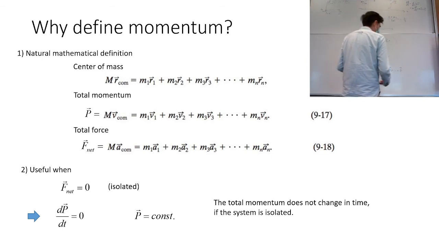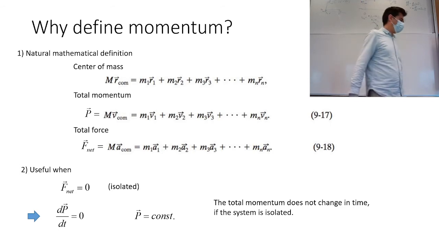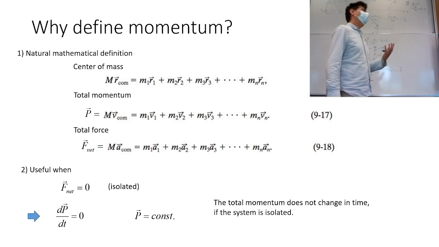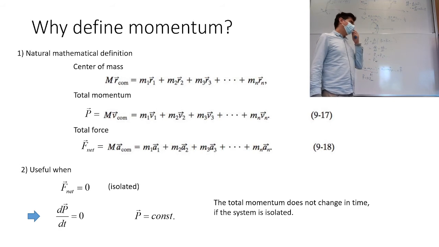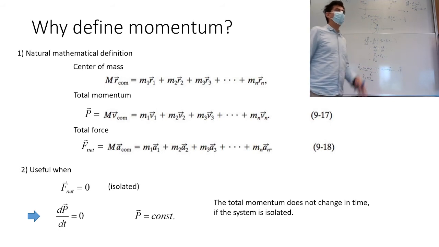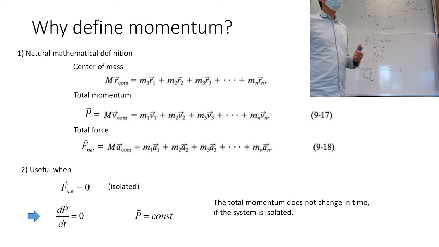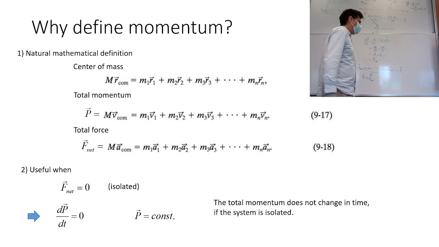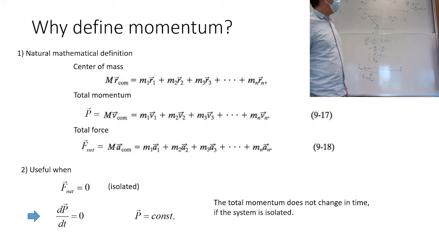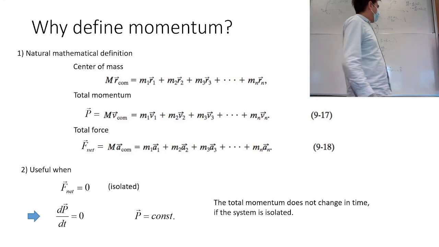The force concept makes sense, we could push on something. But this momentum concept is, I feel, a little bit more abstract. Why should we have this quantity? Where does it fit in the whole scheme of things?